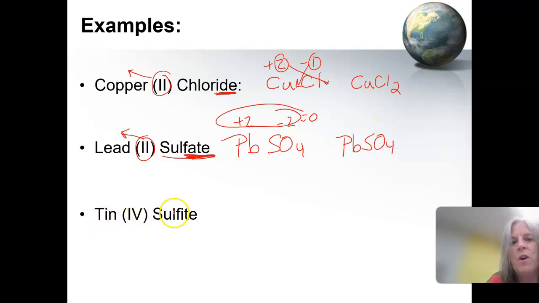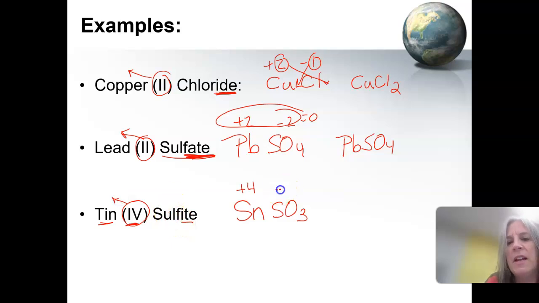All right, last one here. Tin 4 sulfite. So tin is Sn. I like to say it's a sin not to remember tin. Sulfite, ite, right, means it's a polyatomic ion, which is SO3. Now, tin is +4. That means, right, that's the Roman numeral 4.